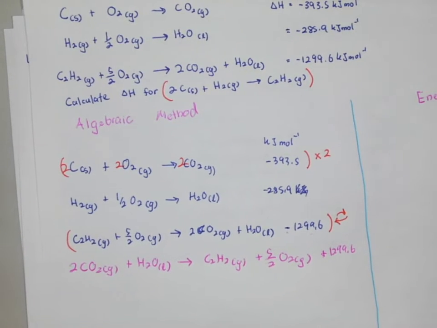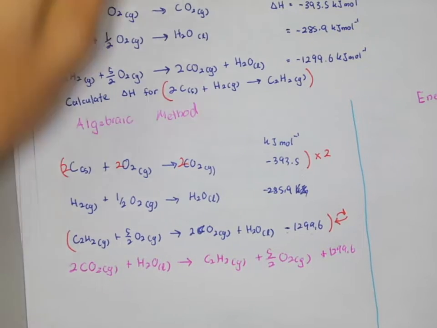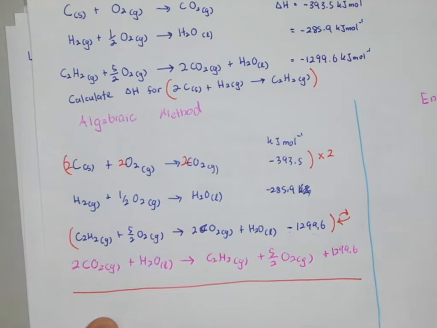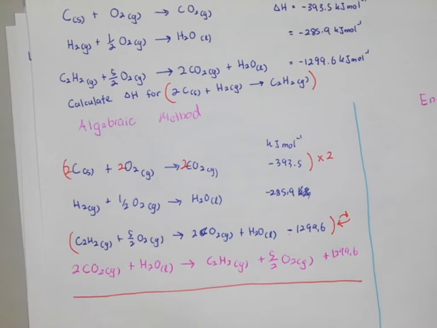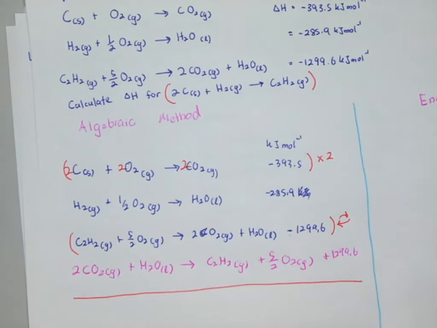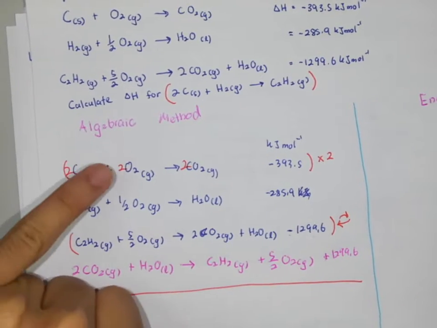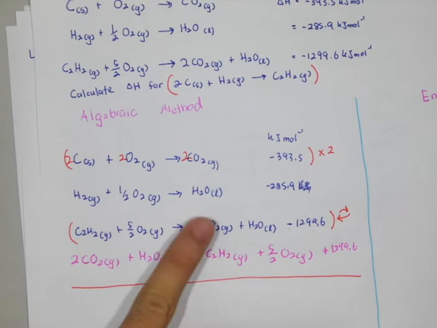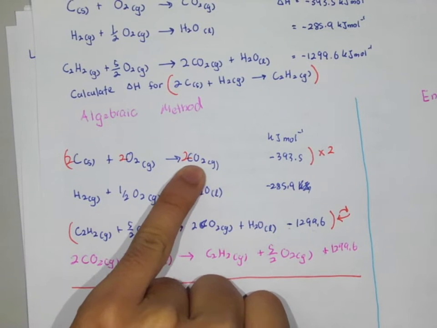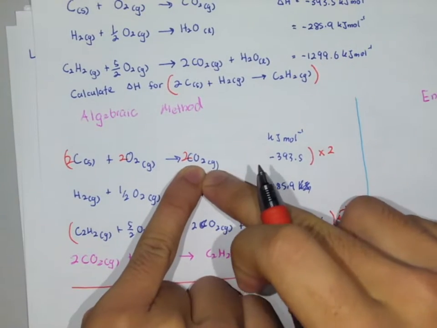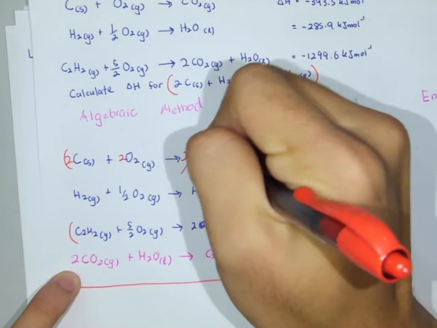So how can you solve this? That is why it is called the algebraic method, because you can cancel things out. If the same thing appears on both the left and the right side, you can cancel it out. Let's look at what we can cancel. Look at CO2: there is one on the right and one on the left, so we can cancel it out.